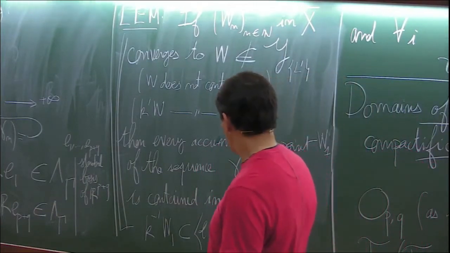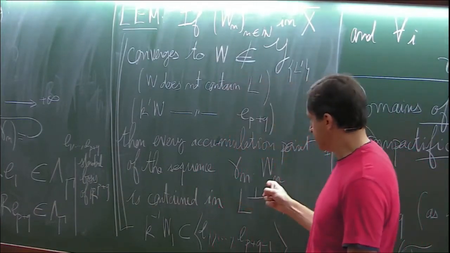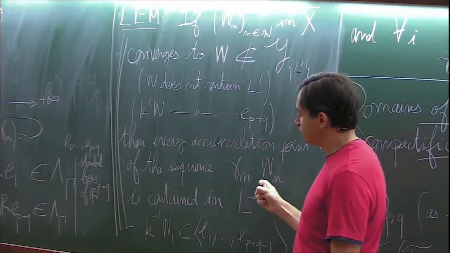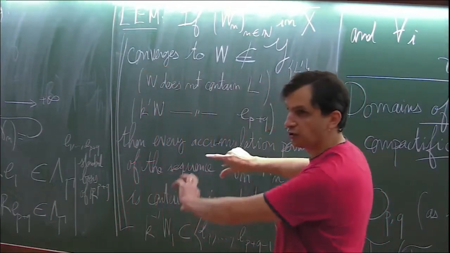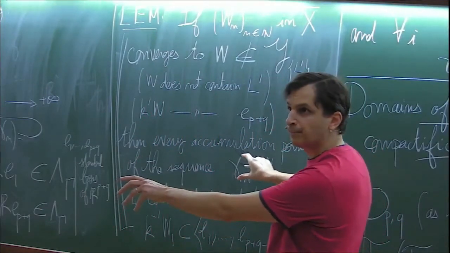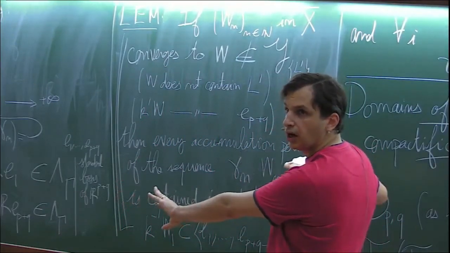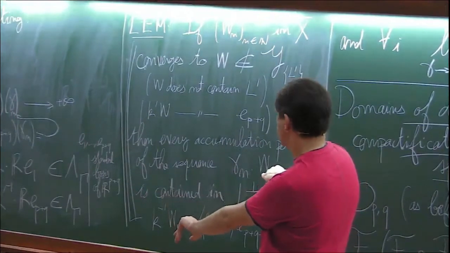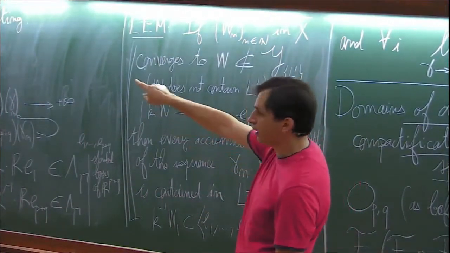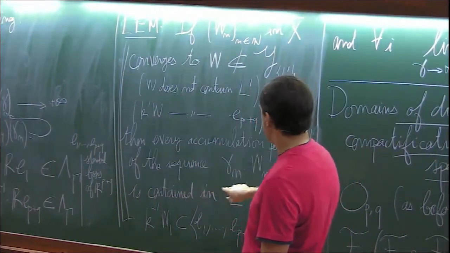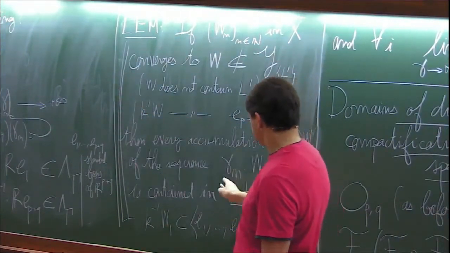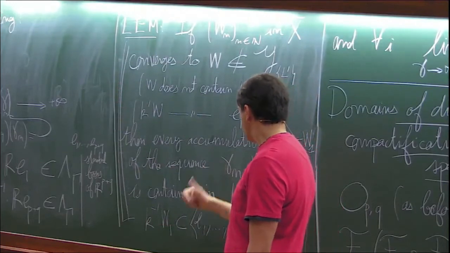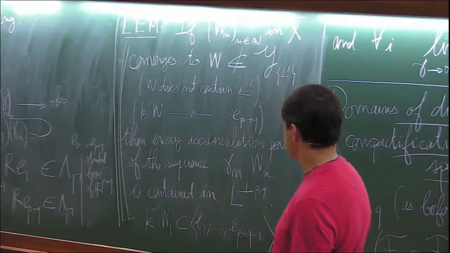But in fact, to analyze this, we can get rid of the compact factor by changing Wn to K prime n Wn and W to KW, and multiplying by K prime n on 0.